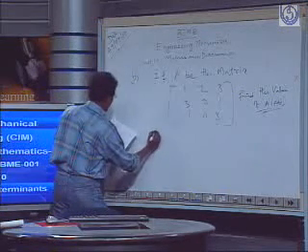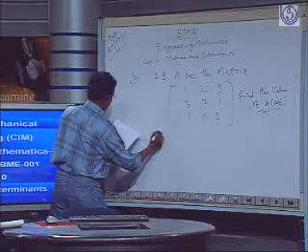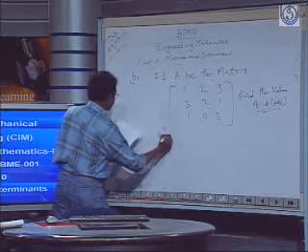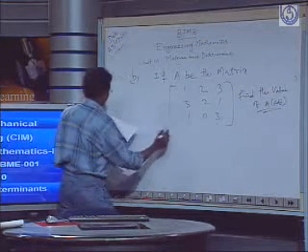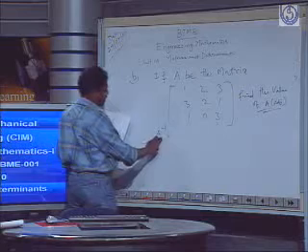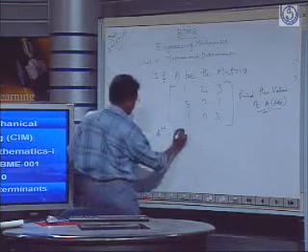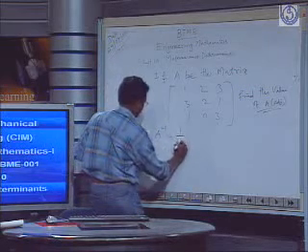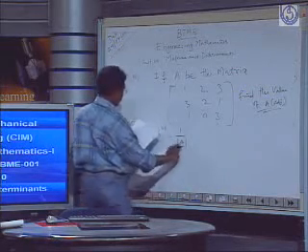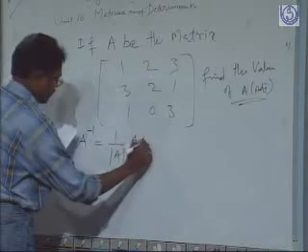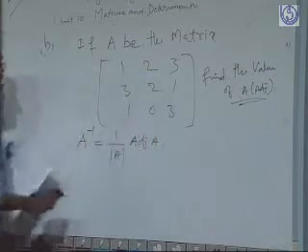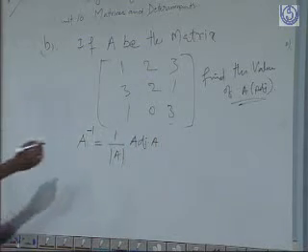that is the A inverse formula. A inverse is equal to 1 upon determinant of A into adjoint A. This is the formula for finding the A inverse matrix, and we have to remember it.